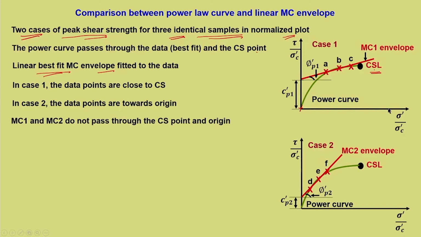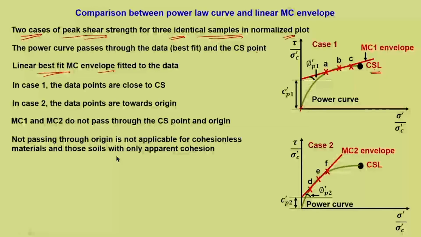Now, we can compare the power curve, which is common in both case 1 and case 2, whereas for MC1 and MC2 there are marked differences between case 1 and 2. MC1 and MC2 do not pass through the critical state point and the origin.